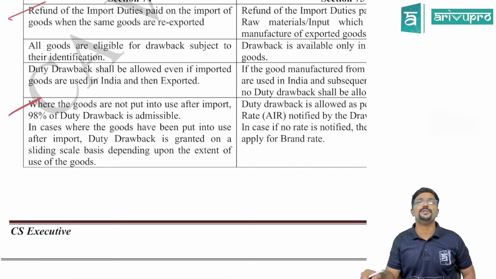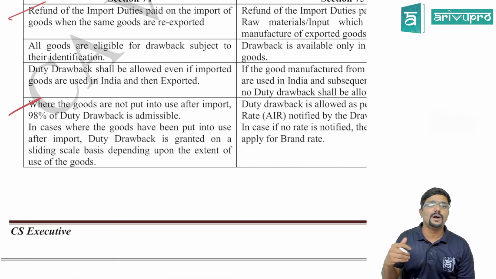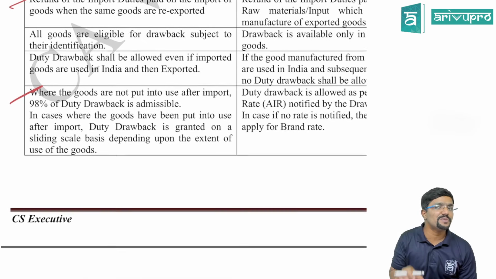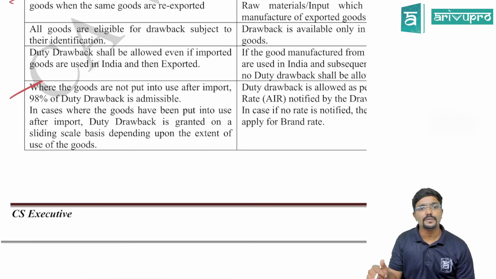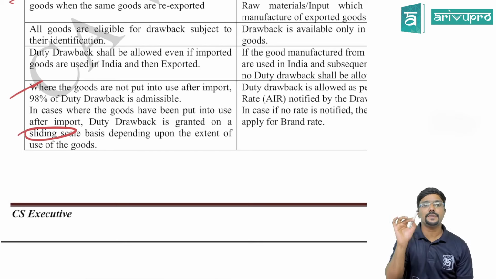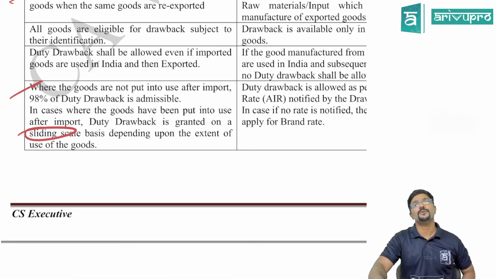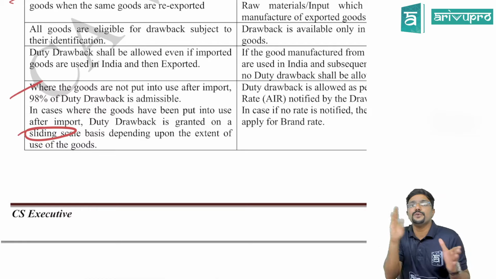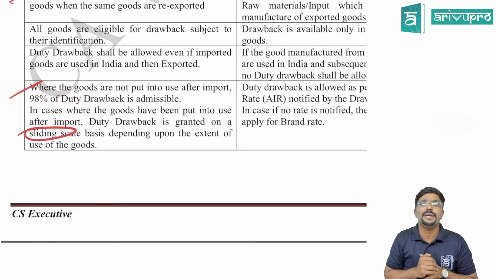Sir, what if I have used it for a few days or months and then exported it? In case where the goods have been put into use after import, duty drawback is granted on a sliding scale basis depending upon the extent of use of goods. Depending upon how long you have used, the duty drawback will be allowed to you.